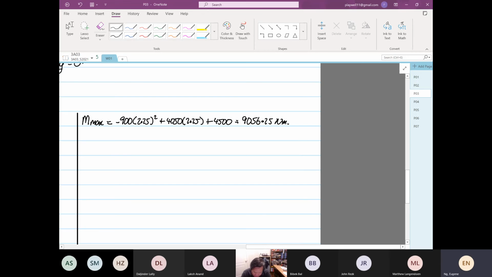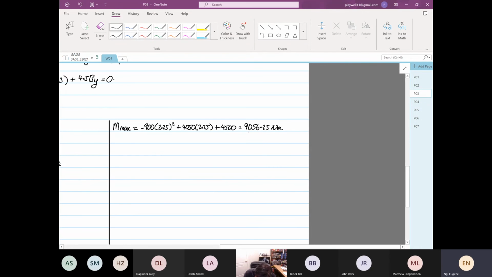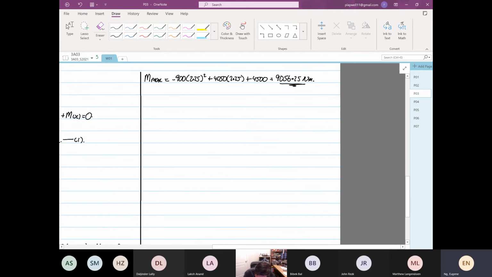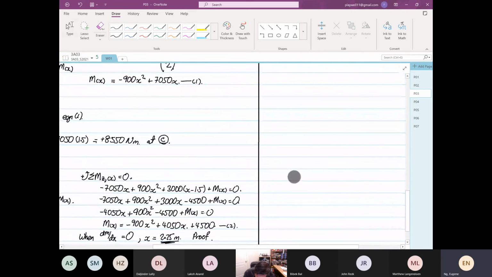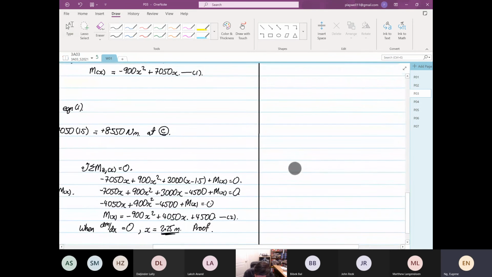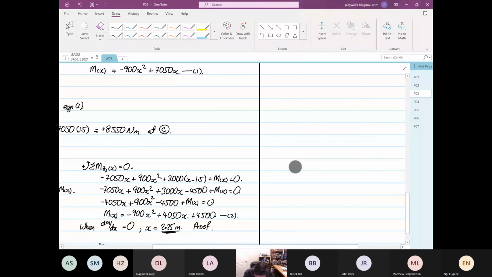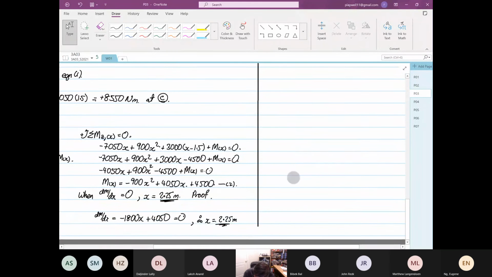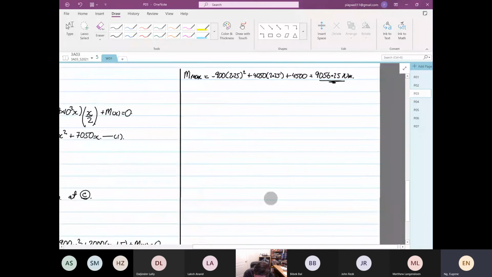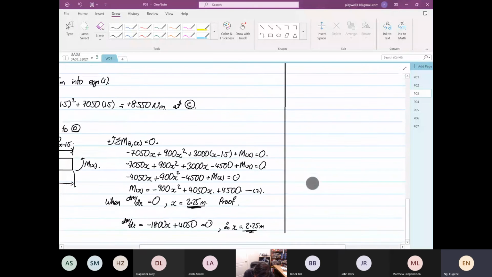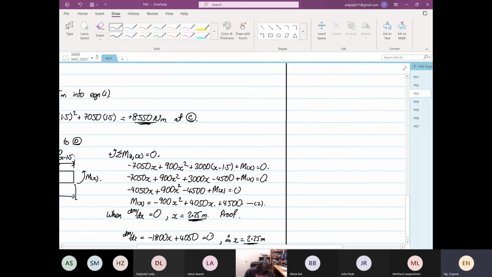Minus 900 times 2.25 squared plus 4050 times 2.25 plus 4500. 9056.25. So that is the maximum bending moment, as you can see. So there are two equations over here. Yeah, sorry. So the other one is 8550.